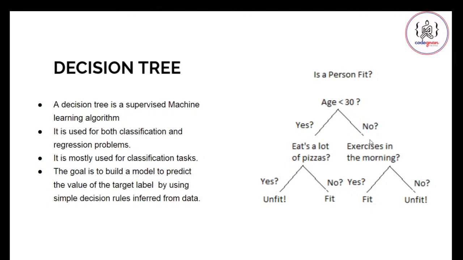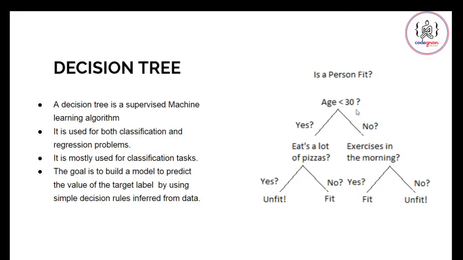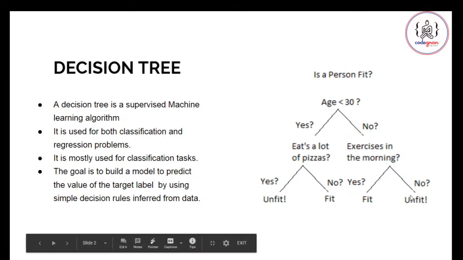If no, then does the person exercise in the morning? If he exercises and he is greater than 30 years of age, you can classify him as fit. And if he is not exercising in the morning, then you call that person unfit.